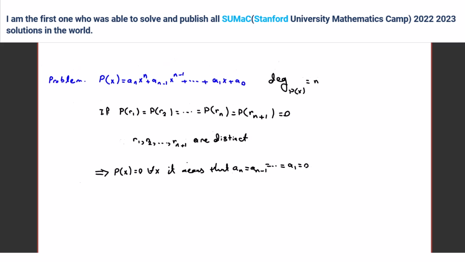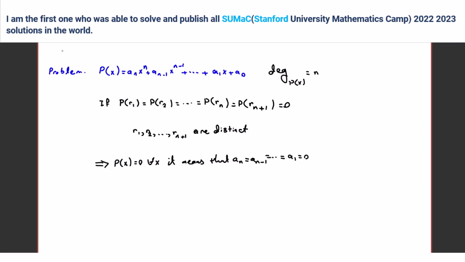Okay. Now, let me tell you a problem. Suppose x cubed plus 3x squared minus 5x plus a is equal to bx cubed plus cx squared plus dx plus 2, okay?